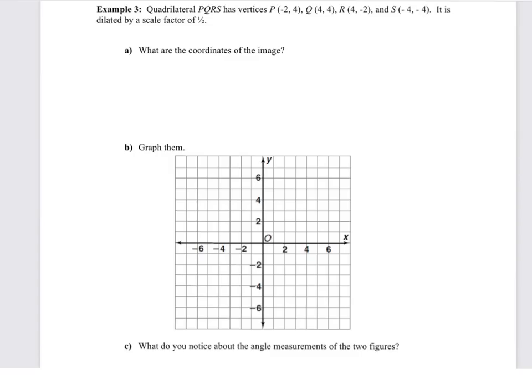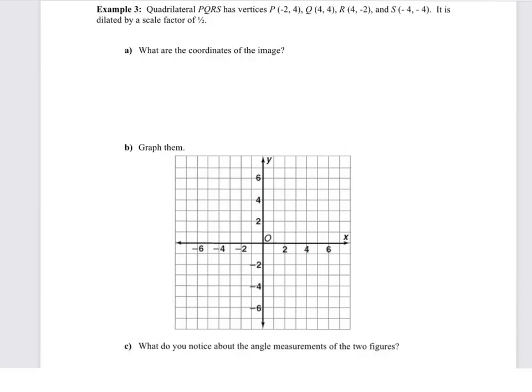Example 3: quadrilateral PQRS has vertices P (negative 2, 4), Q (4, 4), R (4, negative 2), and S (negative 4, negative 4). It is dilated by a scale factor of 1/2. What are the coordinates of the image?